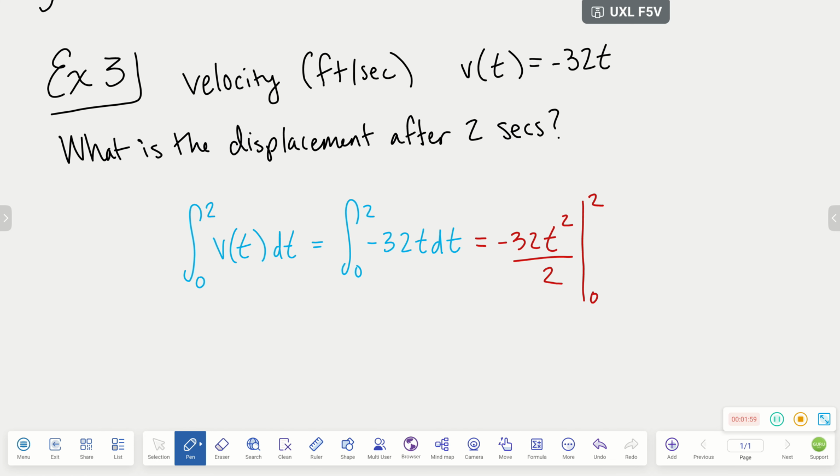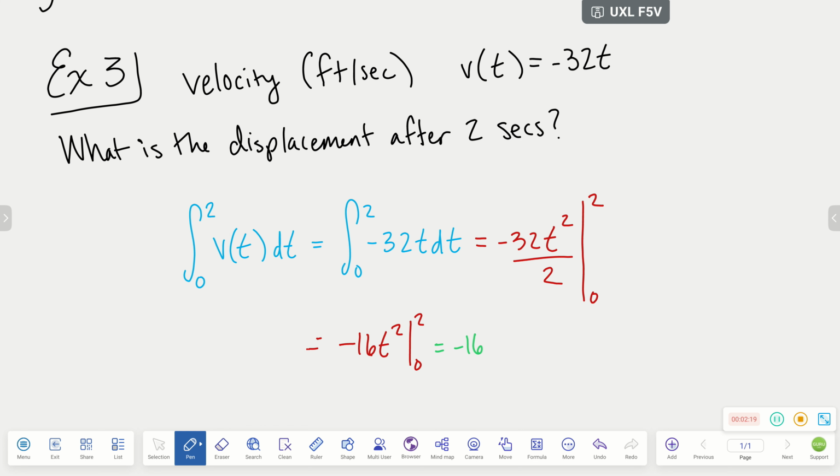I can simplify this a little bit and get -16t squared. I'm going to evaluate 0 to 2. So now I'm going to plug this in.